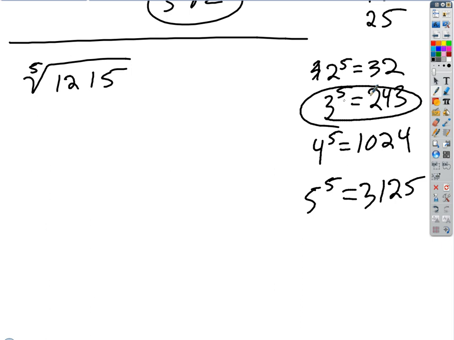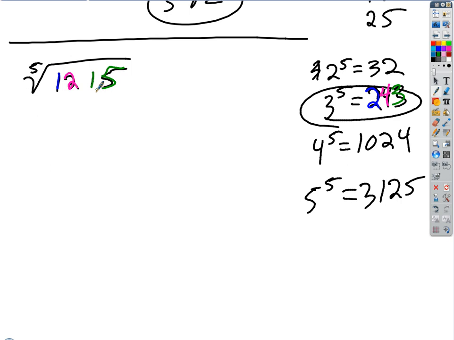If we say 5 times 200 gives us our 1,000, right? 5 times 40 gives us our 200, and 5 times 3 gives us our 15, right?